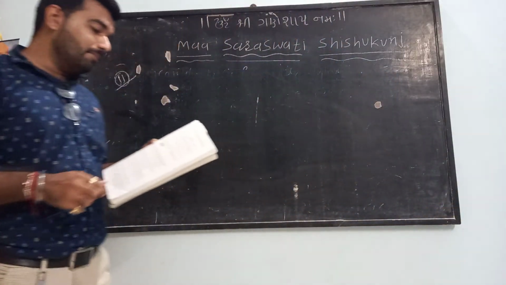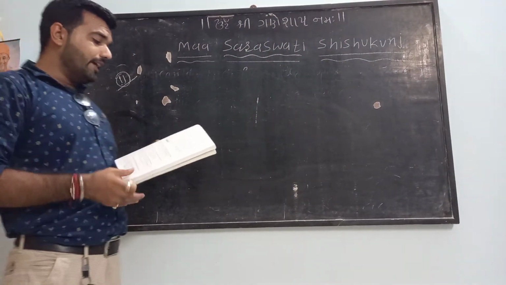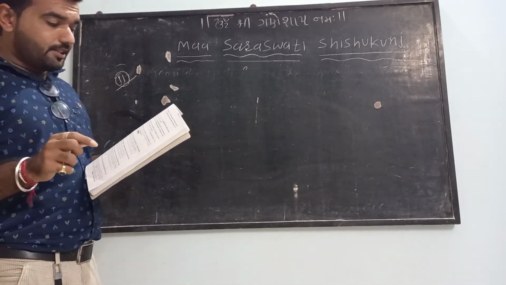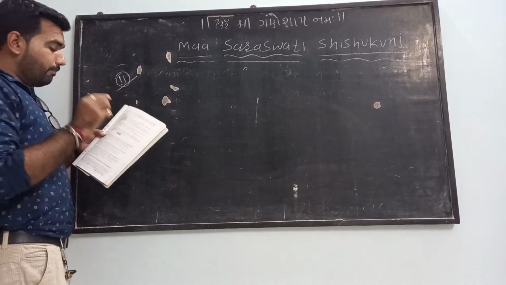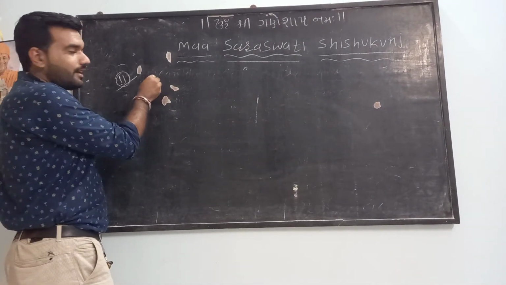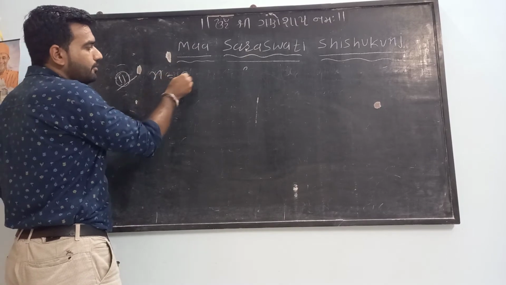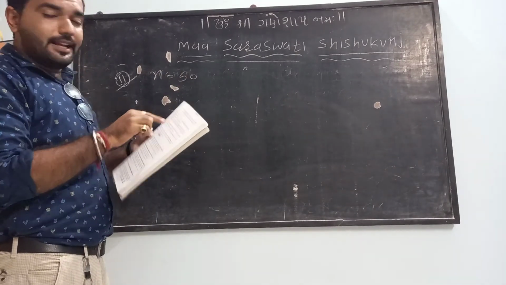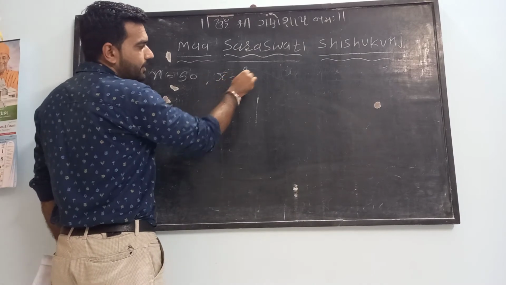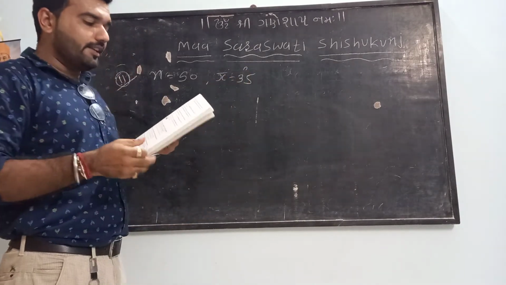Now example number 11 is given. The mean of 50 observations is 35. Observations means n, so n is equal to 50, and the mean x bar is given as 35.